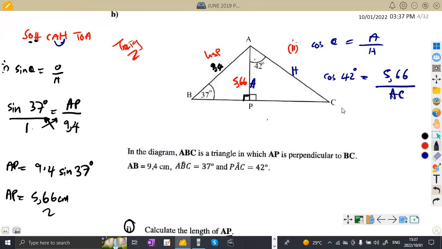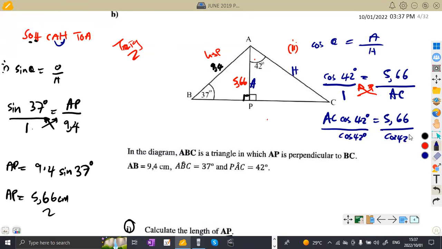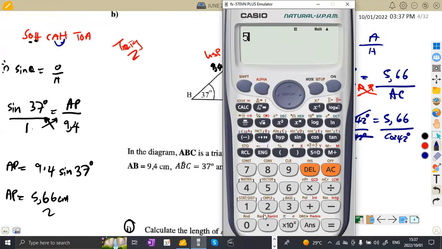From the information that we have, we can cross multiply to remove the fractions. So that will be AC times cos 42 degrees equals 5.66. To find AC, we divide both sides by cos of 42 degrees, so this cancels. Our AC is 5.66 over cos 42 degrees.